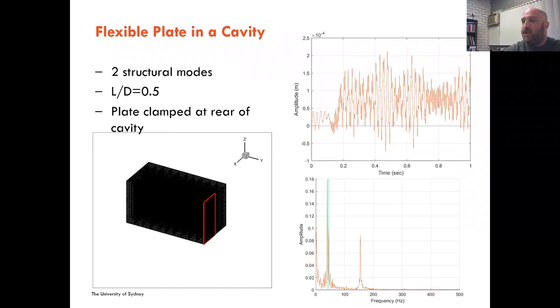And as I was mentioning, this has a flexible plate in the cavity, so here we've got the cavity mesh and the flow is coming from upstream, and the plate is located here, and this end is actually fixed. And here is the response we can see from one of the tips of the plate.